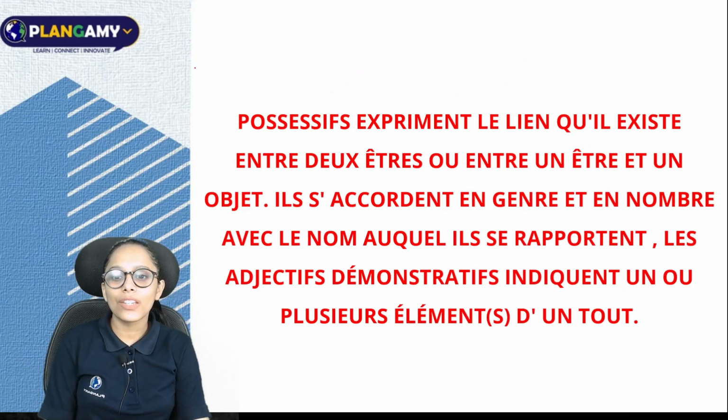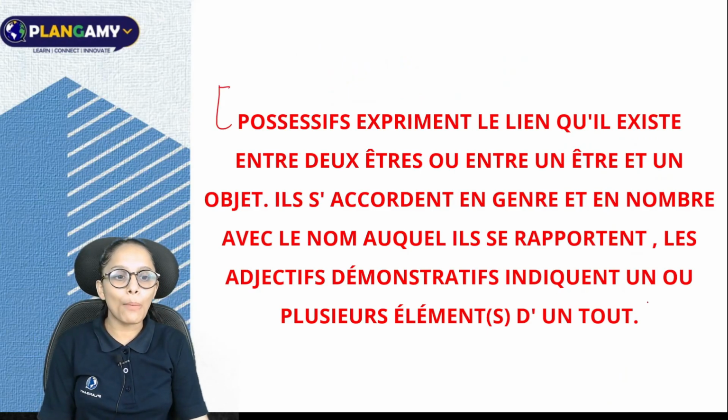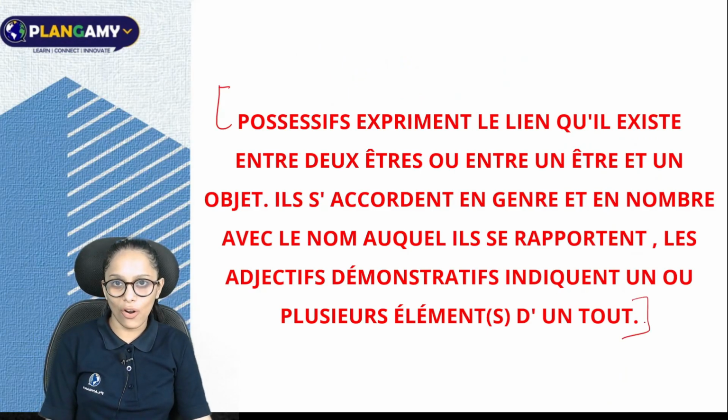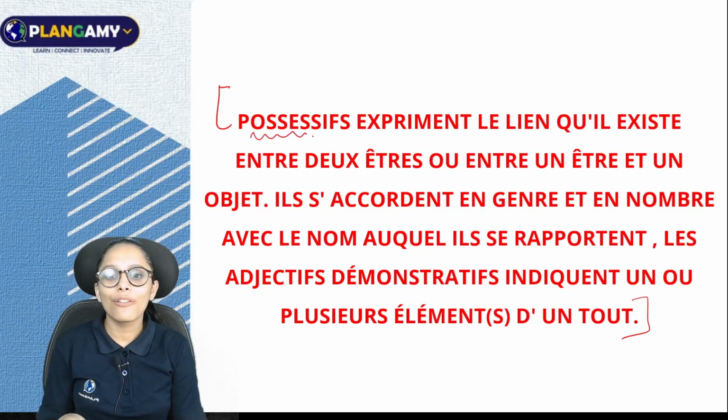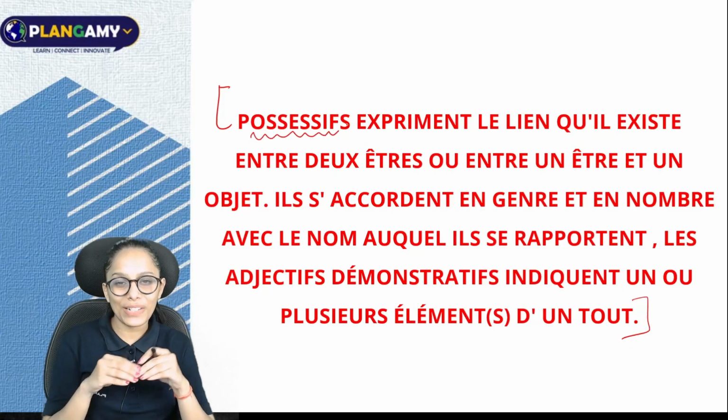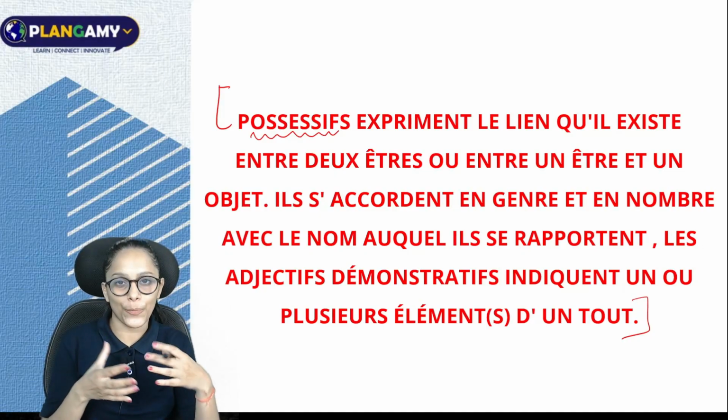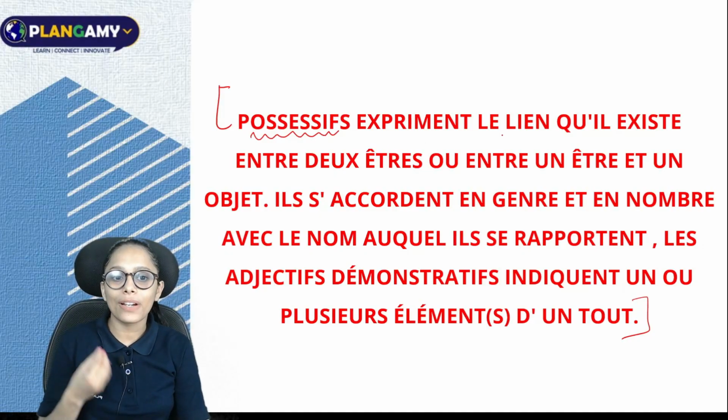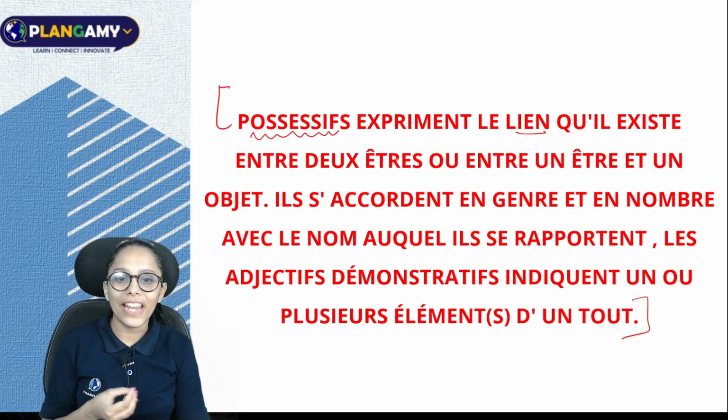Now, here we have a small paragraph or a small sentence. First of all, let's try to understand what is possessive. It says exprime le lien qu'il existe entre deux êtres ou entre un être et un objet.